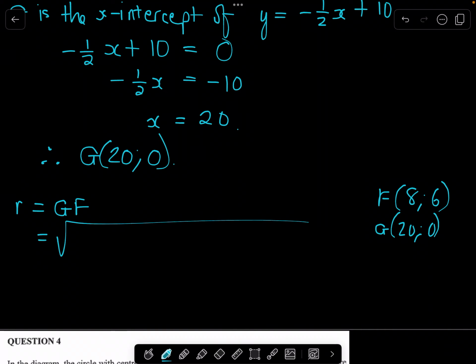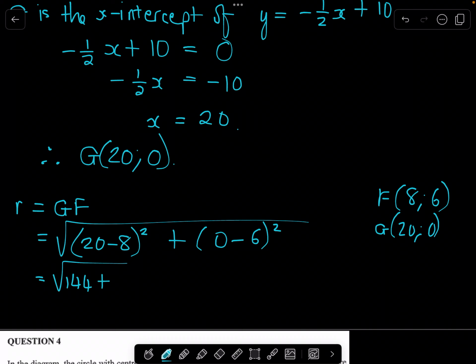So that is going to be root of 20 minus 8 squared plus 0 minus 6 squared, which is 12 squared plus 36, which is root 180, and 180 is 36 times 5, so this is going to be 6 times root 5.